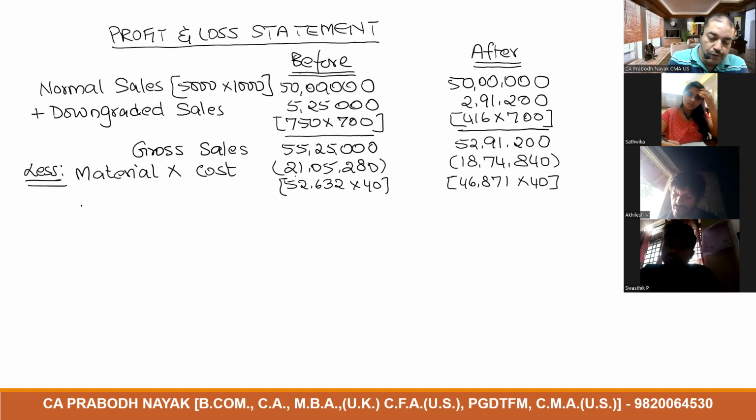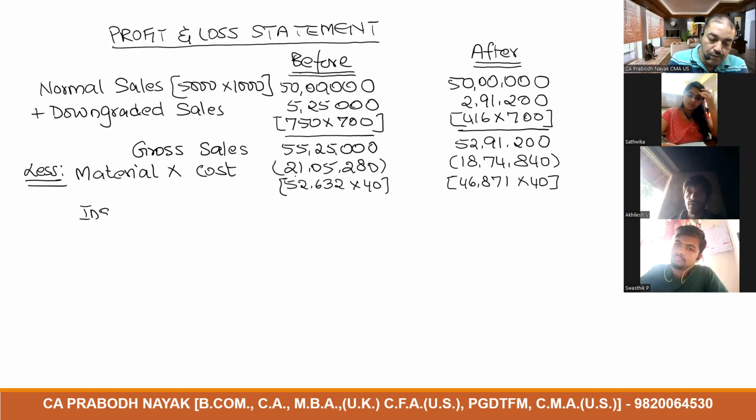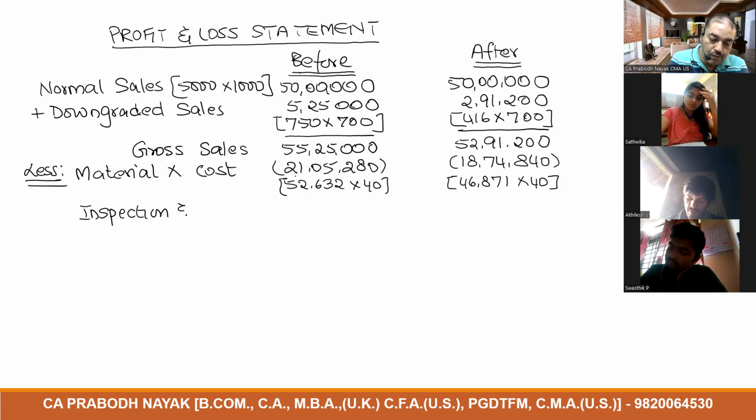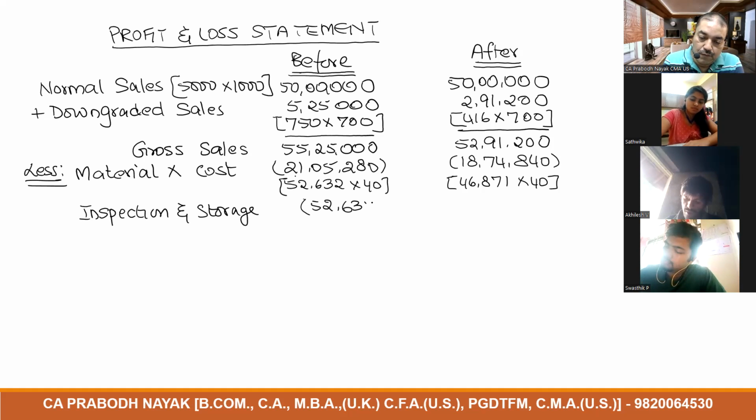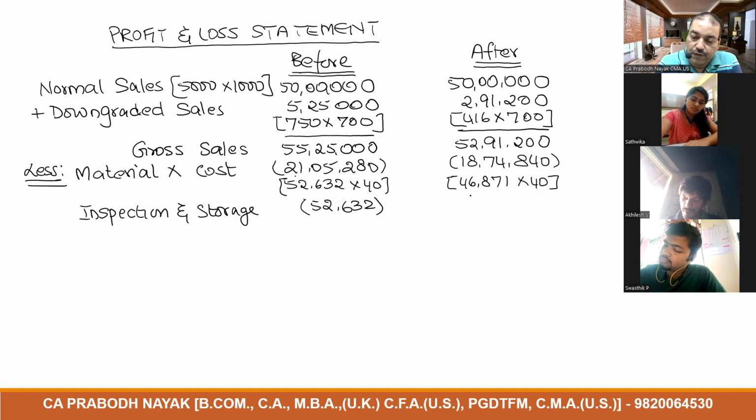Inspection and storage cost of raw materials, 1 rupee per unit. So 52,632 into 1 rupee will give you 52,632. And 46,871 into 1 will give you 46,871.